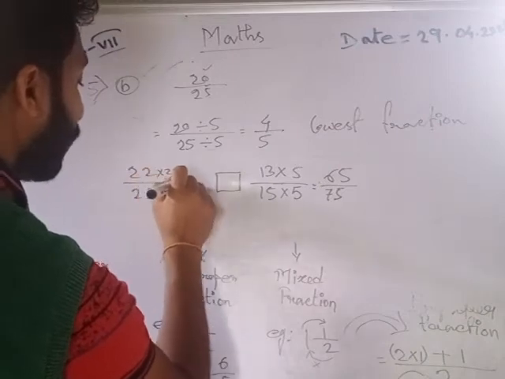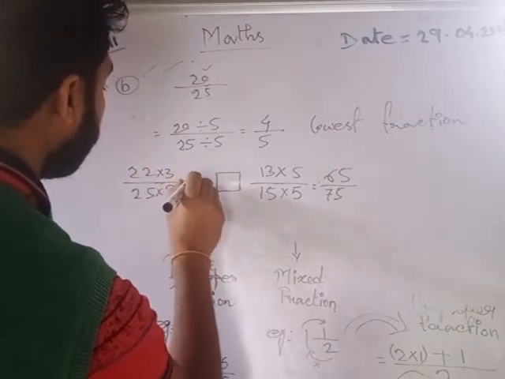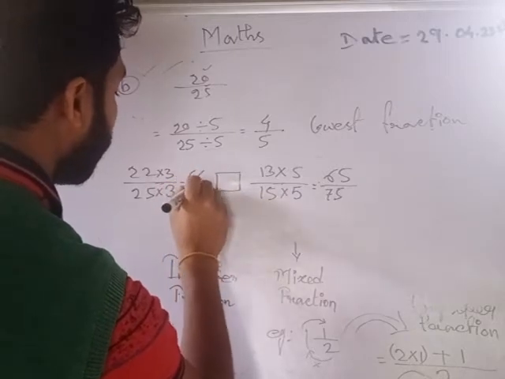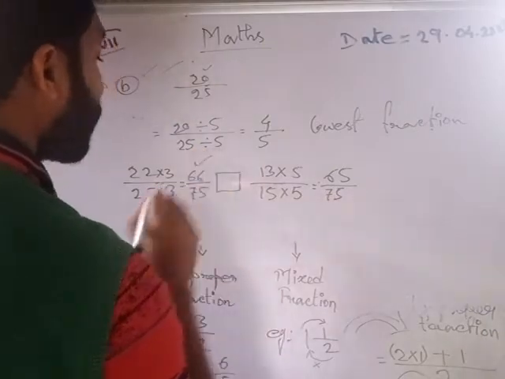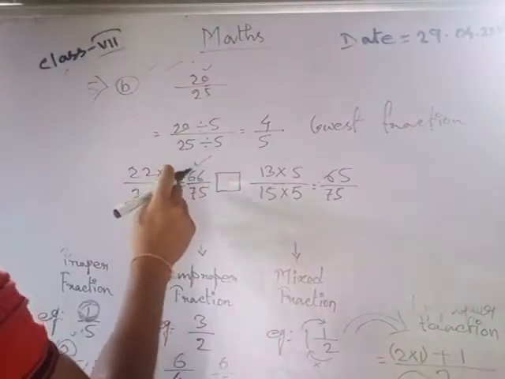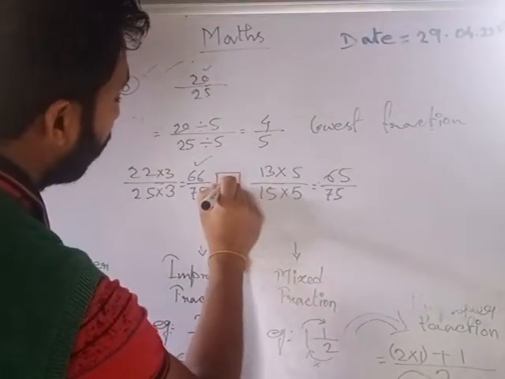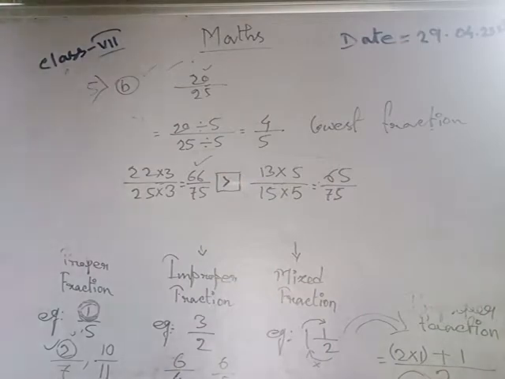If 22 is multiplied by 3, then also 66, 75. That means which one is greater? The first one is greater. That means we should write here the greater than sign. Okay.